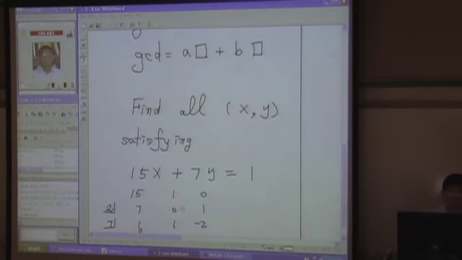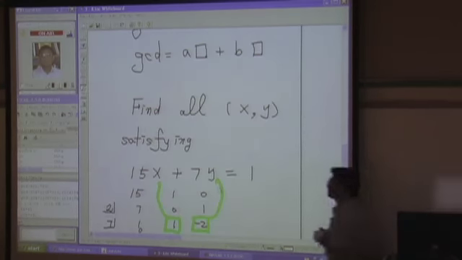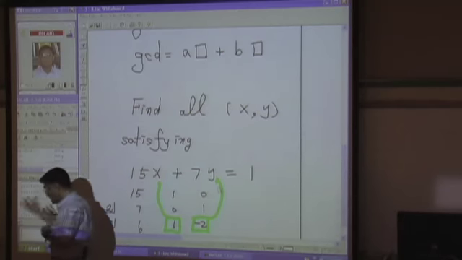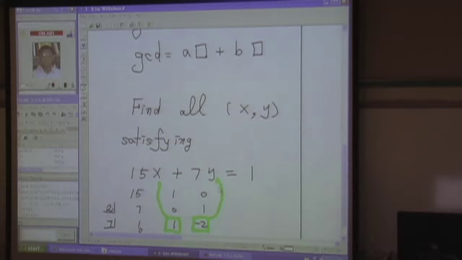So here, 1 goes into the x position, negative 2 goes into the y position. But this isn't the only one. For instance, this plus 1 plus some big number can be added.